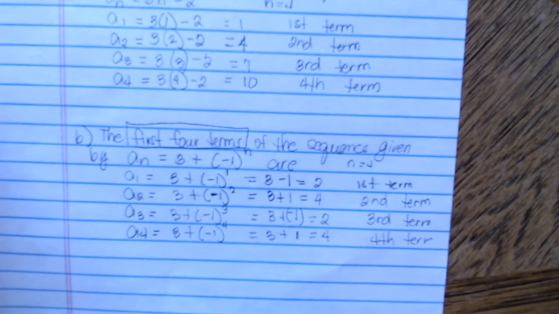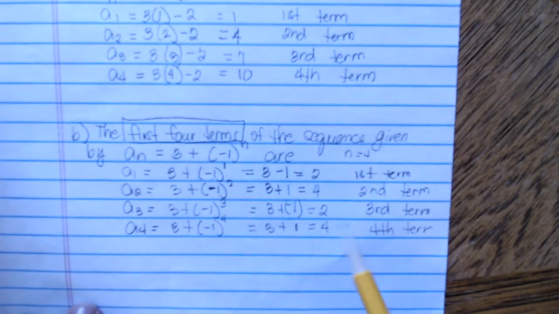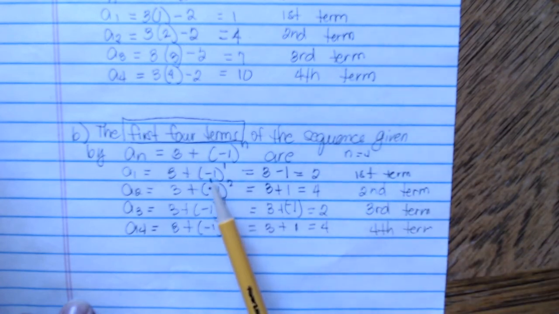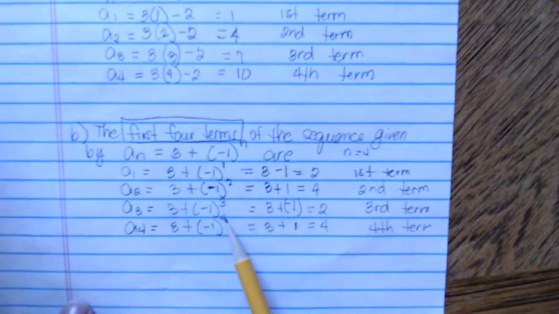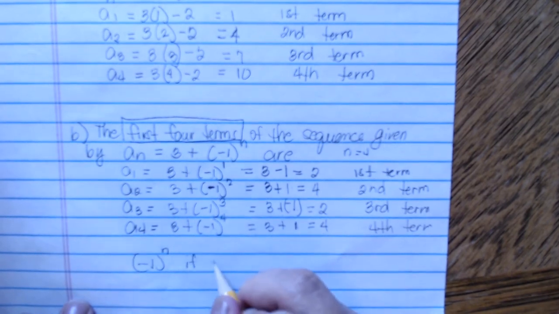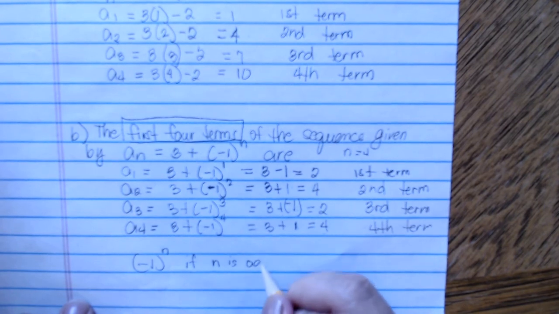Okay? And I want you to look, guys. Okay, here, there's a pattern here. So our answers are 2, 4, 2, 4. If you notice, if n is 1 and 3, it gives you a negative 1. If n is 2 and 4, it gives you a positive 1. So I want you to make sure that you get that pattern. For negative 1 raised to n, if n is odd, the answer is negative 1.